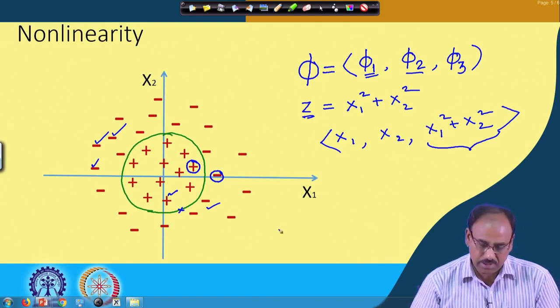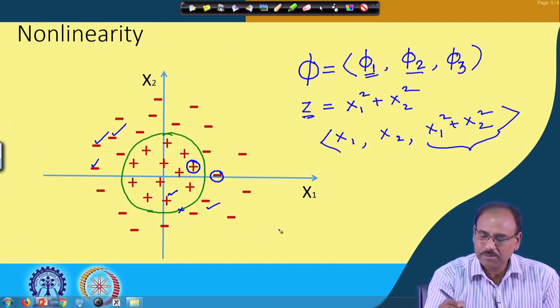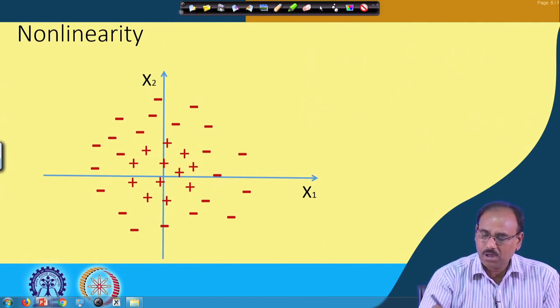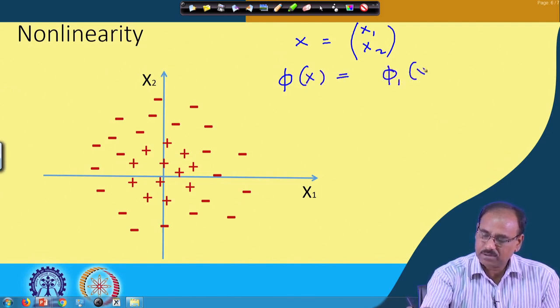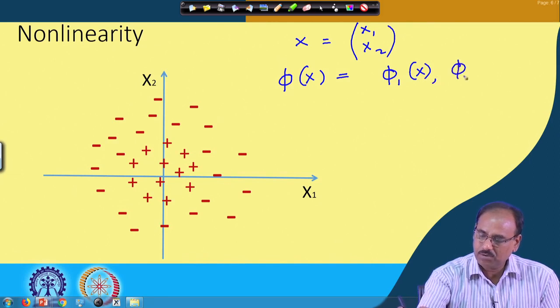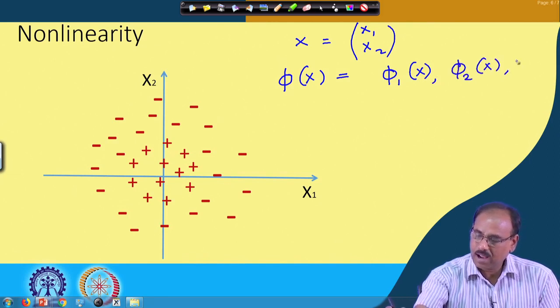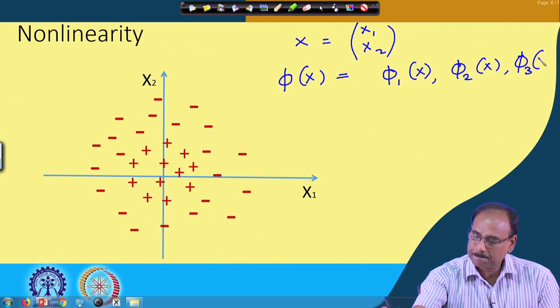So, I will write it in this way. Let me clear this. So, x is my feature vector which has two components x1 and x2. So, phi of x, I can write as phi 1 of x, phi 2 of x and phi 3 of x.